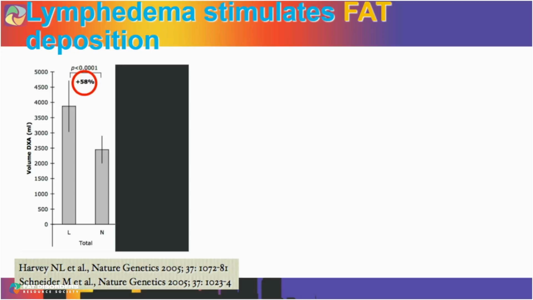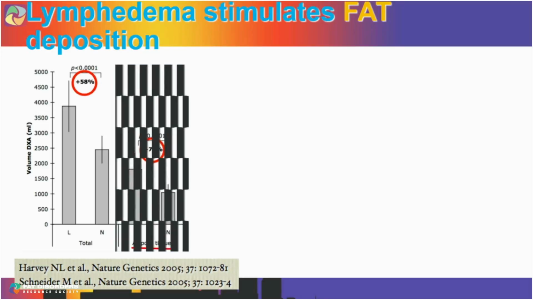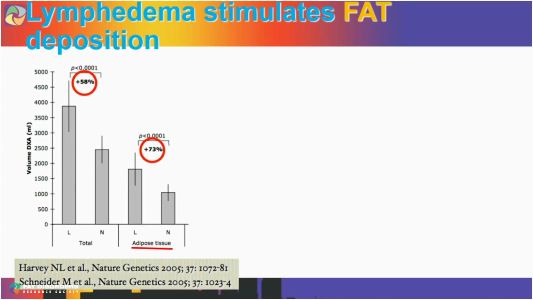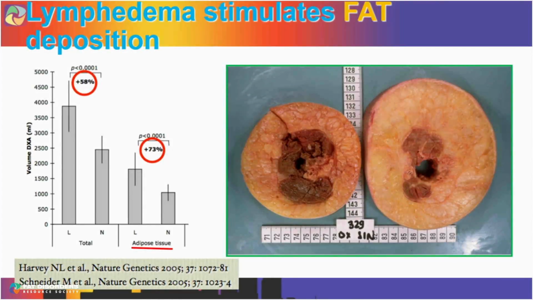And you can see here when you compare L, which is the limb with lymphedema, to N, that is the contralateral or other uninvolved limb, you see a 58% increase in limb volume. Not surprising. However, half of that volume is due to fat deposition. There's a 73% increase in fat deposition in the limb that has lymphedema. And there's obviously a post-mortem specimen just showing you that tremendous fat deposition that complicates lymphedema.